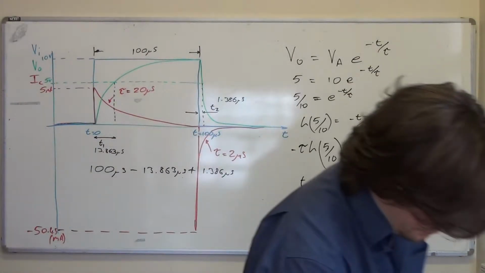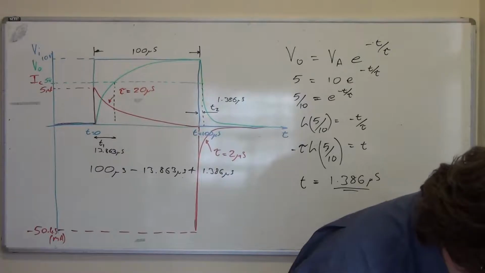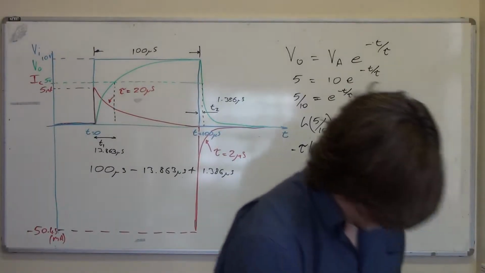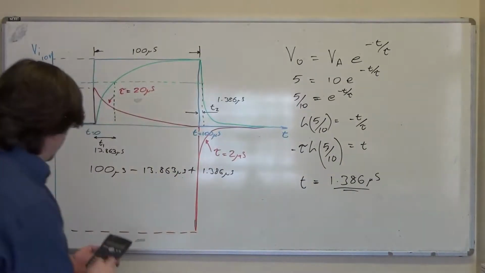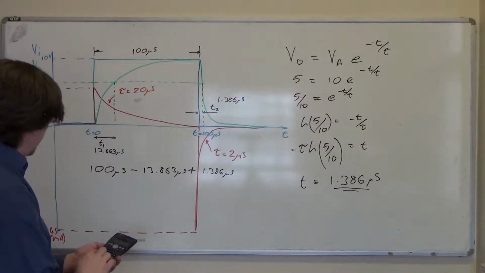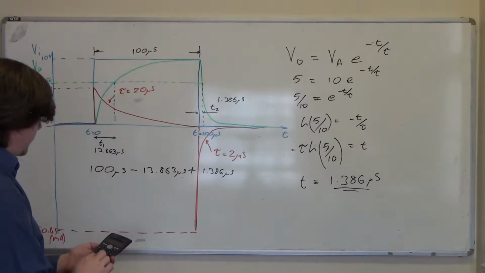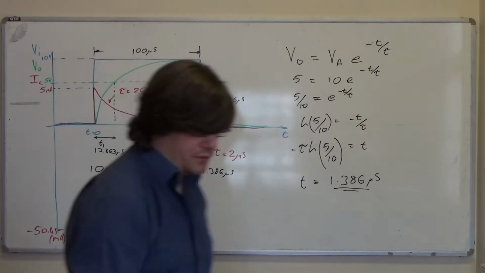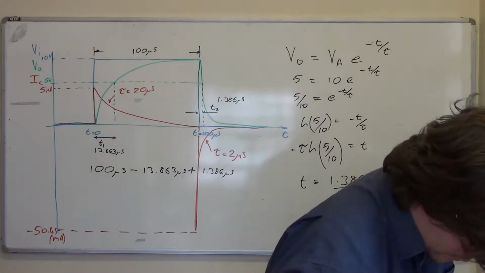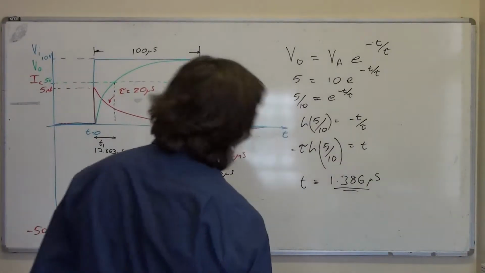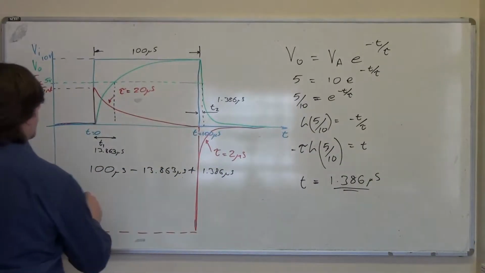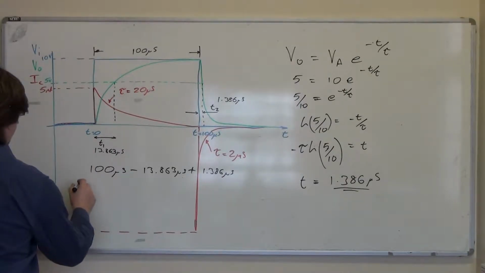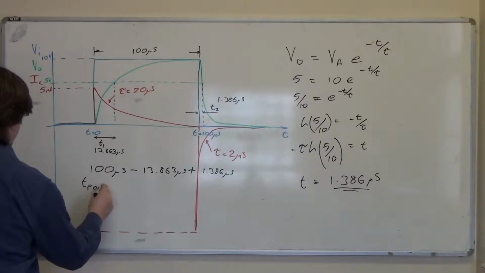And that will leave us with 100 minus 13.863 plus 1.386, 87.52. So call it TP out.